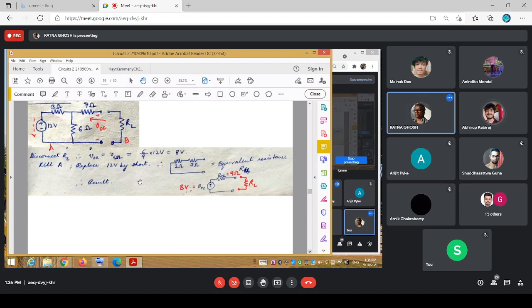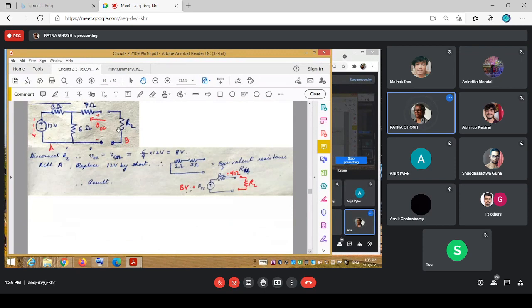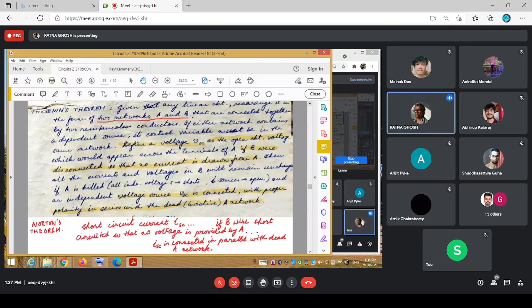I'll just revisit this part again. So two networks A and B, we broke it up into that, A and B, connected by resistance-less conductors. Furthermore, we don't have any dependent source here, so can't illustrate that.